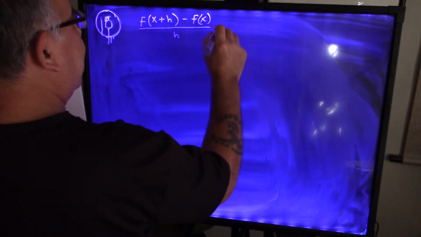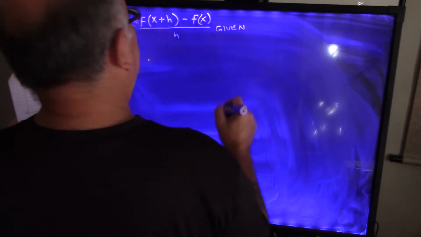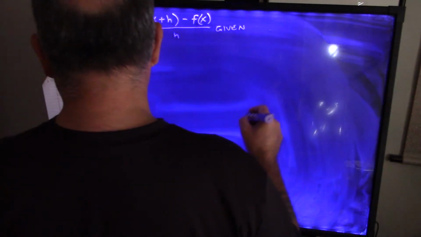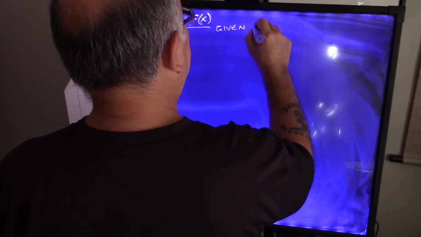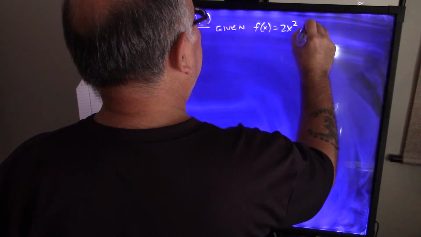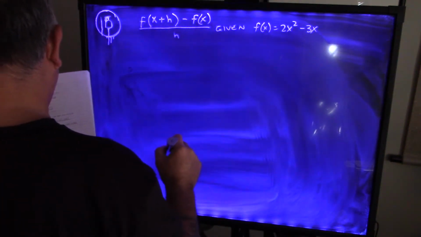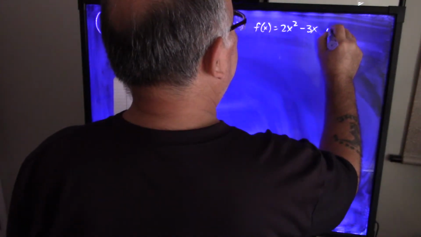Alright, and that's given that f of x is 2x squared minus 3x on the interval from x to x plus h.